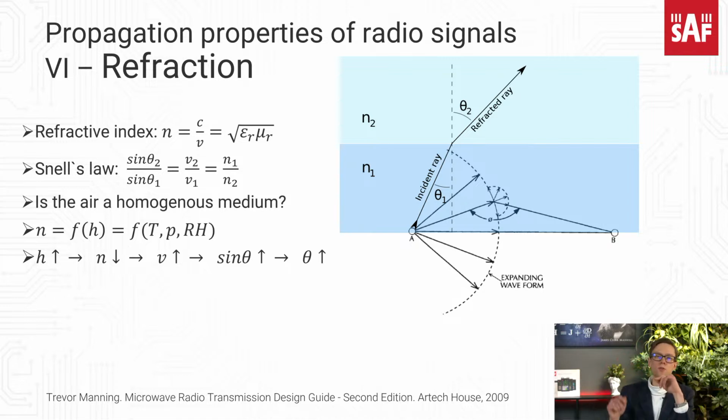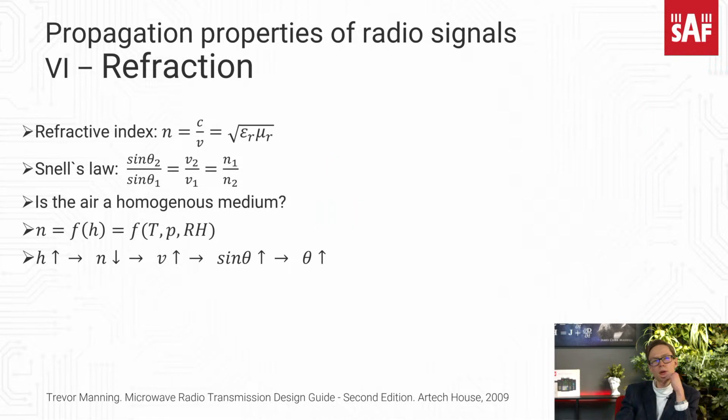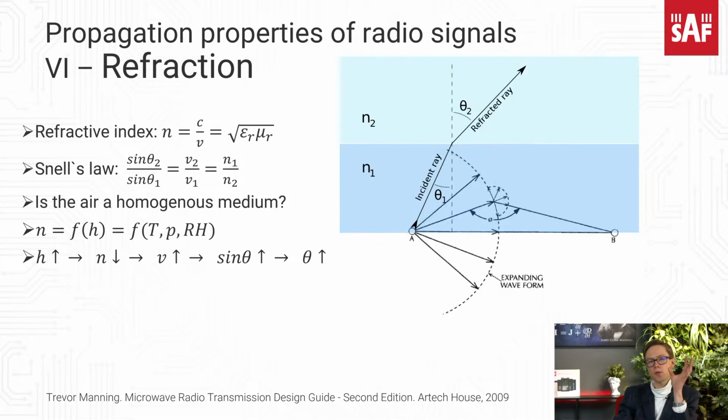This angle is going to increase because the refractive index decreases and the phase velocity increases, just the opposite. And this is what defines the radio wave propagation in the atmosphere. This is what makes the radio wave bend downwards towards the Earth. This is what normally happens with a normal atmosphere under normal conditions.